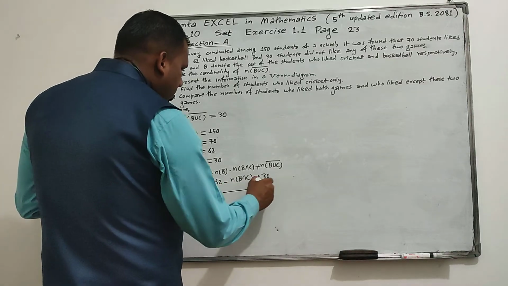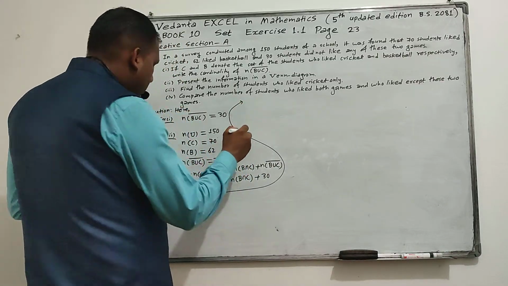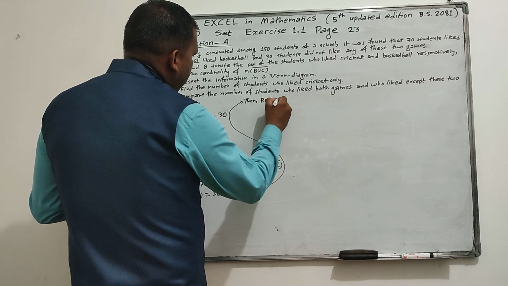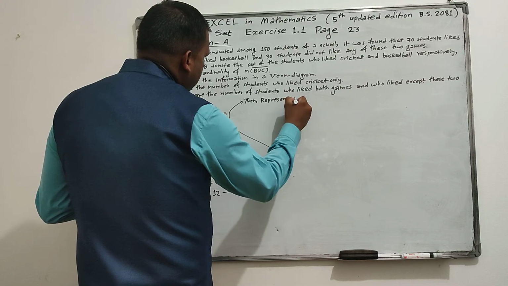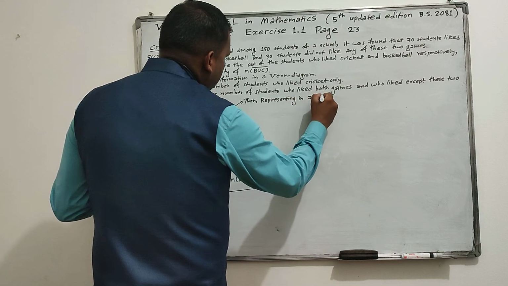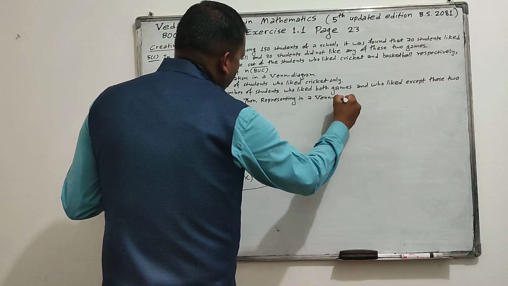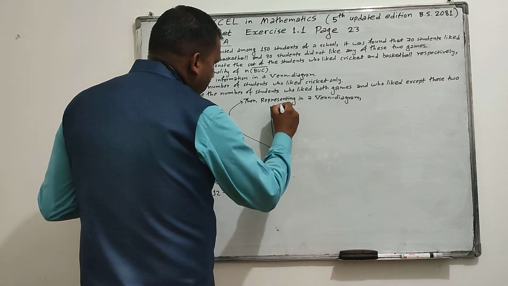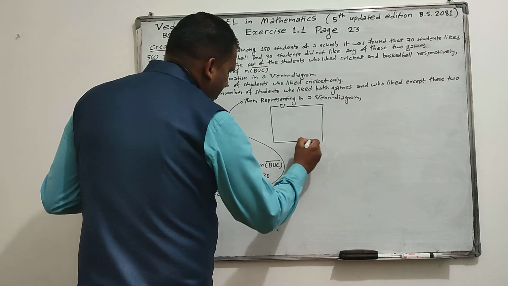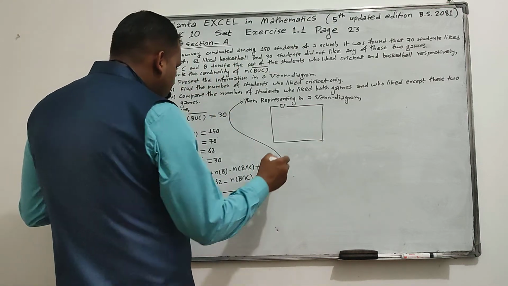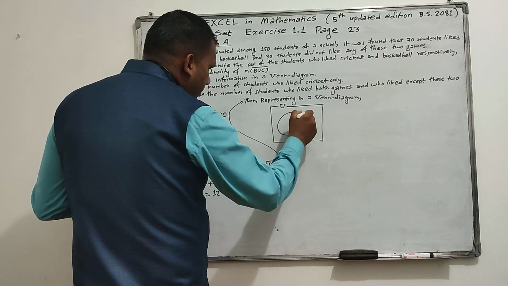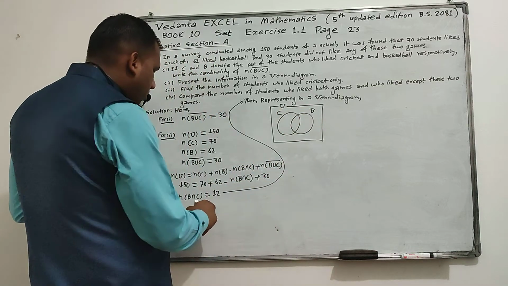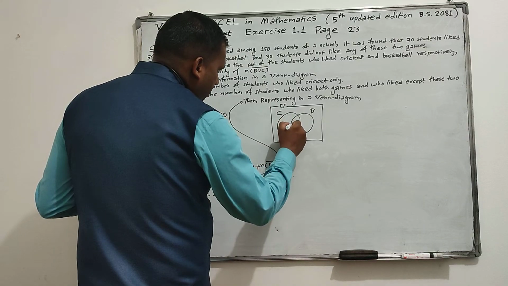After this, I can represent it in a Venn diagram. Universal set U and two subsets, cricket C and basketball B. Like both, 12, here is 12.